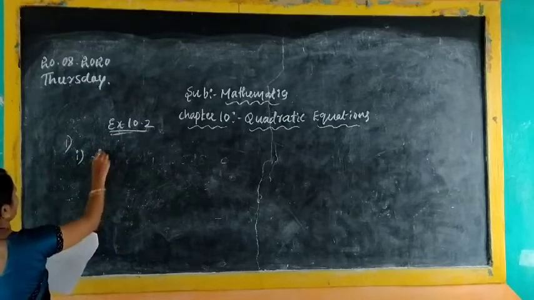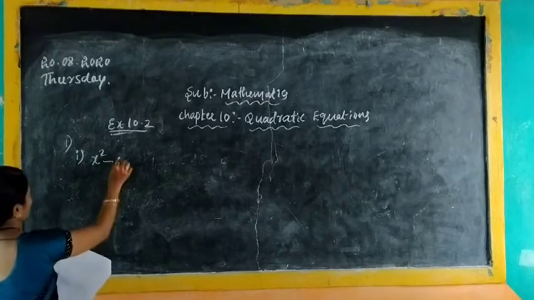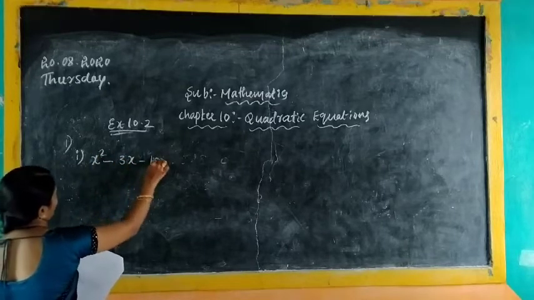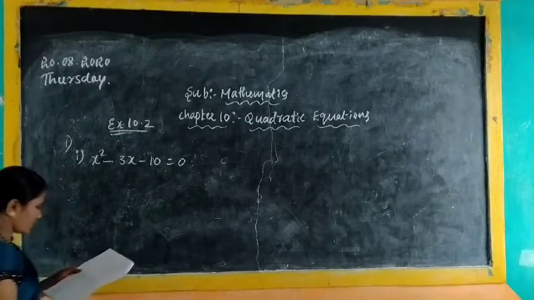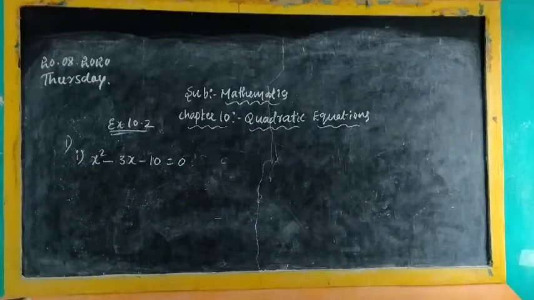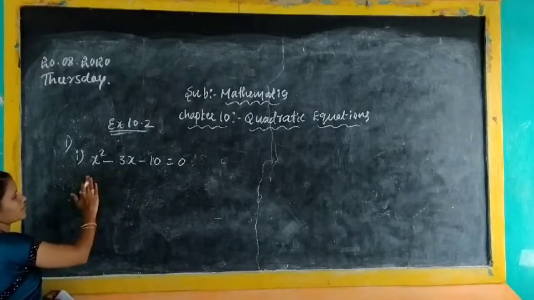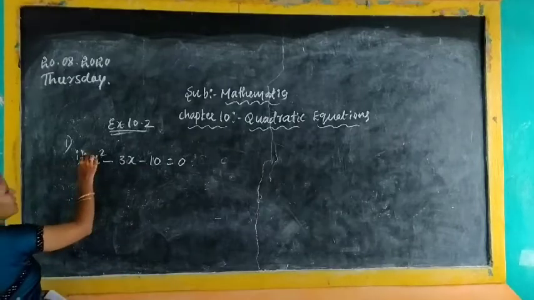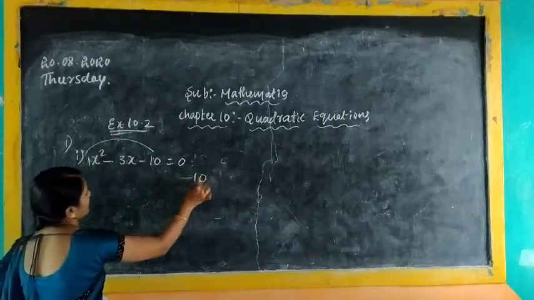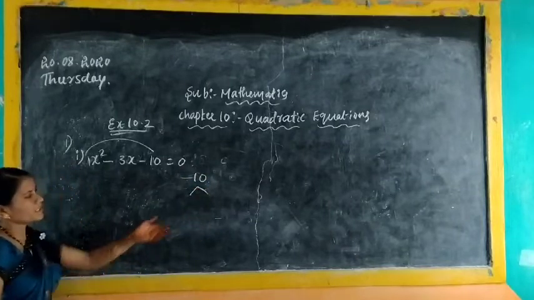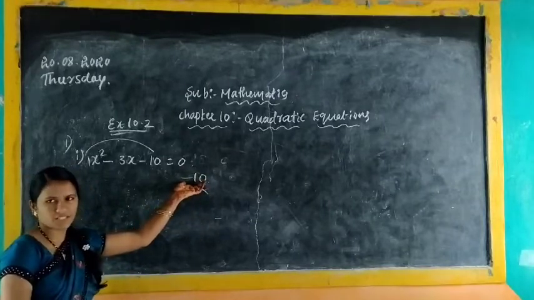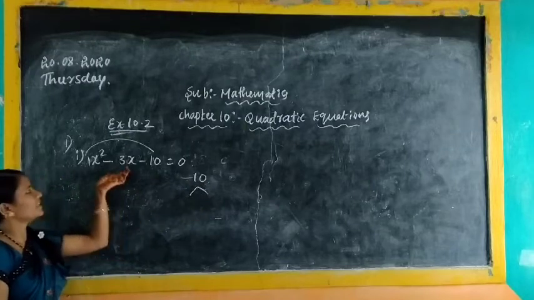x square minus 3x minus 10 is equal to 0. How do you do the factorization method? First you have to consider the last number, minus 10. If you multiply, I want minus 10; if you add or subtract, I need minus 3.